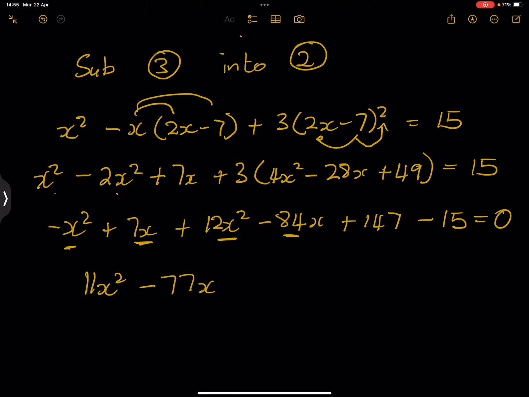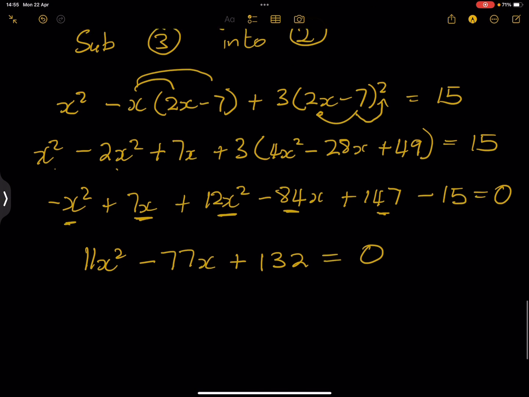And I've got the 147 minus the 15. That would be 132, and this is equal to 0.